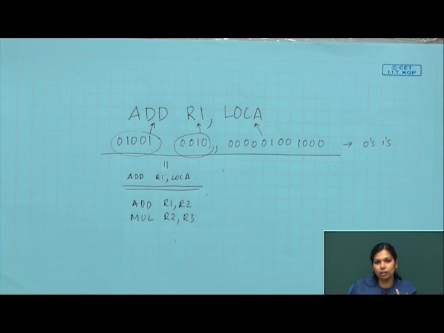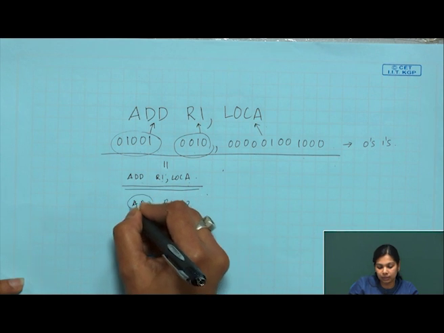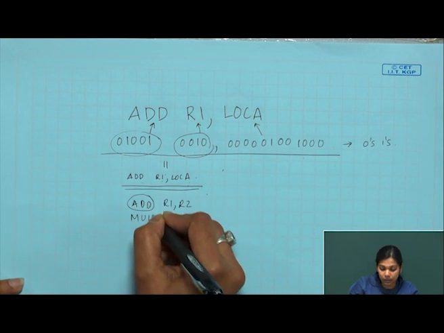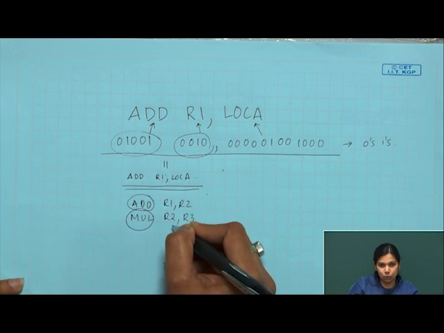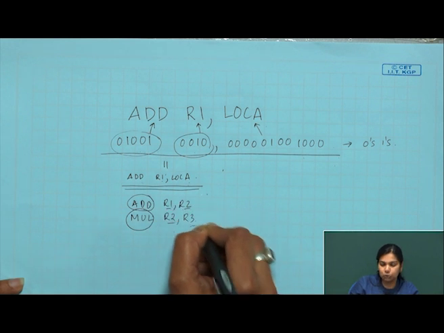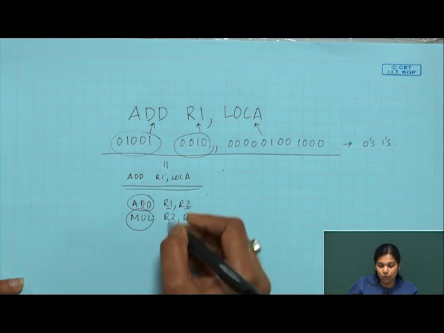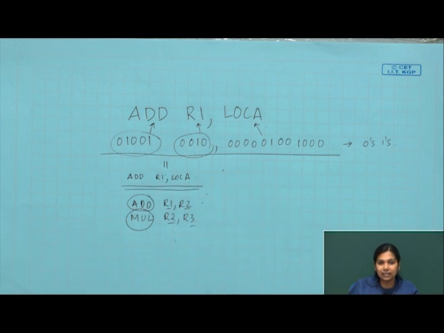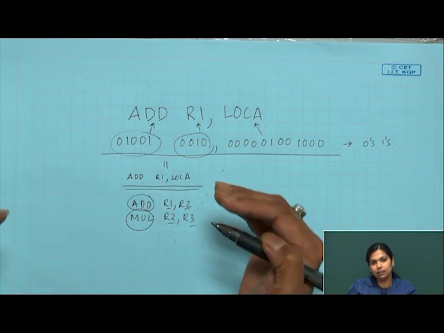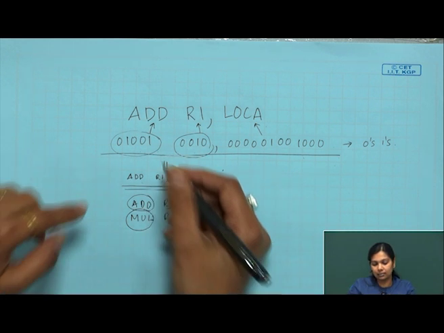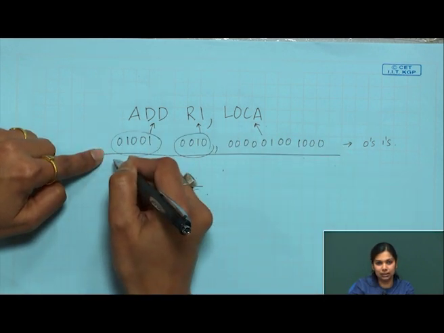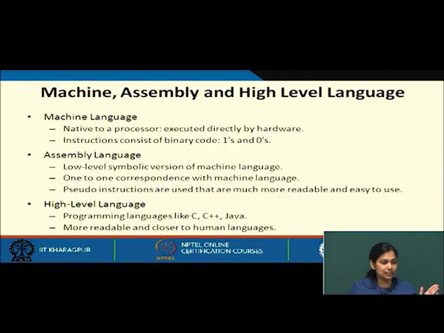But it is not very easy to remember what is the code for add, what is the code for mul, and what is the code of individual R1, R2. So, this is a much easier way to represent a program. So, assembly language is nothing but some kind of one-to-one correspondence with machine language, and we represent it with some mnemonics.